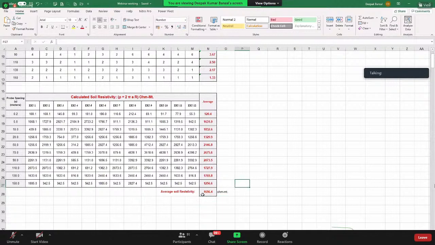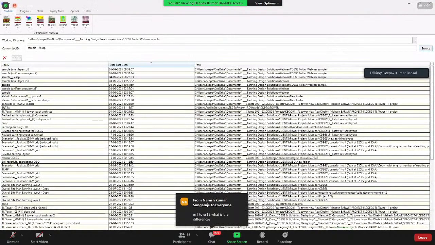This is very important. If you are doing some Excel-based calculations, you will use this value, 1656 ohm meter, as the average soil resistivity. But in our case, we will do calculations with software.